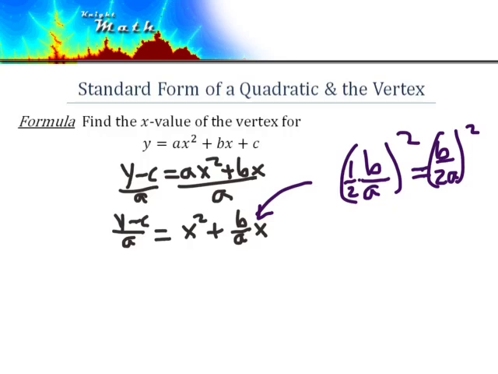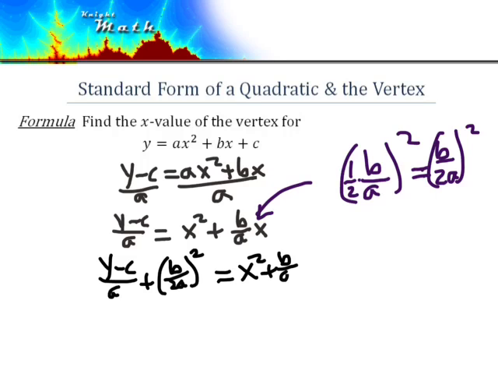That gives us y minus c all over a, and we're going to add half of that, b over 2a squared, and that's going to equal x squared plus b over ax plus b over 2a squared.